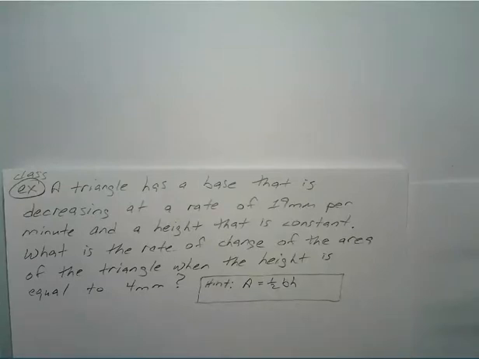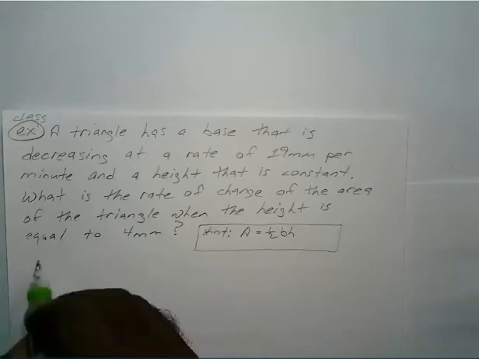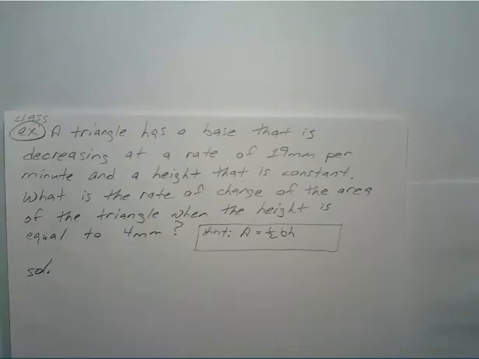Okay, so I want you to press pause and try to work this one out on your own. All right, so I'm assuming you've pressed pause and you've worked this one out on your own. Let's go ahead and verify your answer.